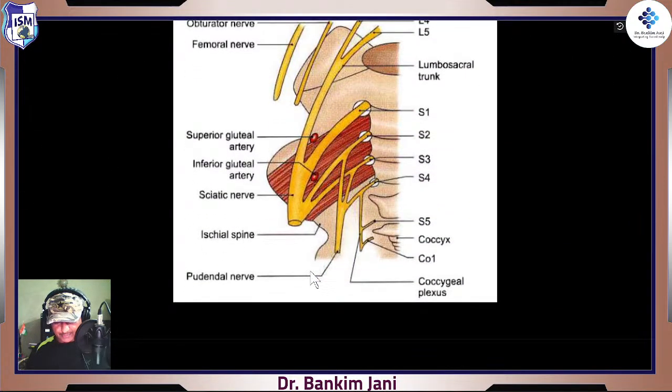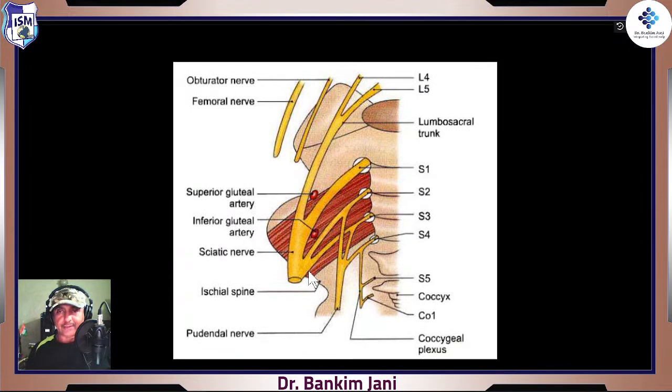Here it is. This is lumbosacral trunk. How was this lumbosacral trunk formed? Lumbosacral trunk was formed by L4, right? Here it is, there is L4. But in L4, it was the descending branch.